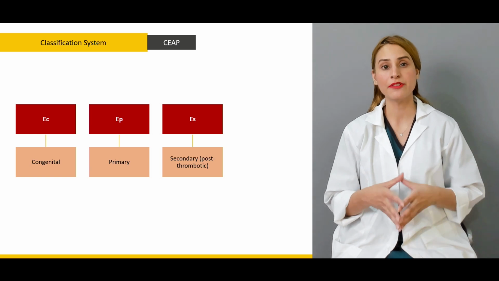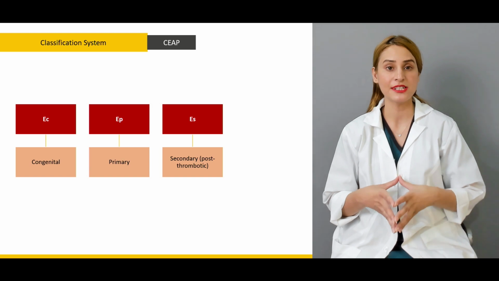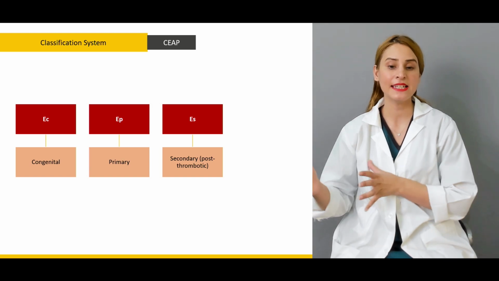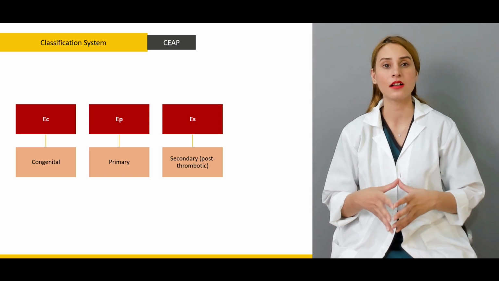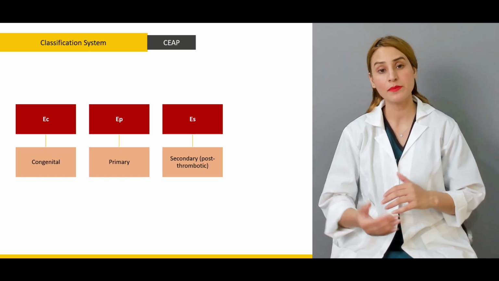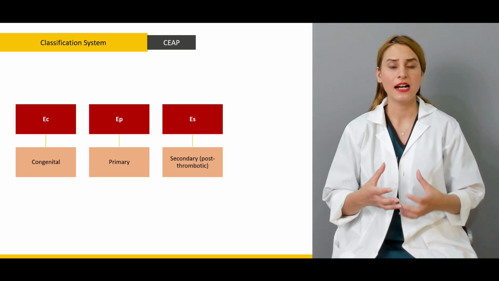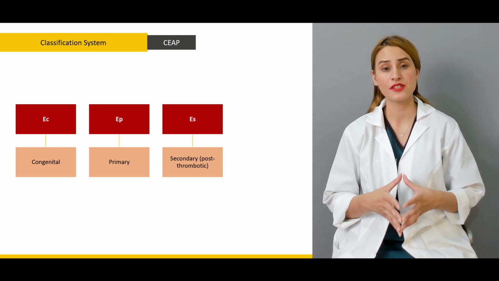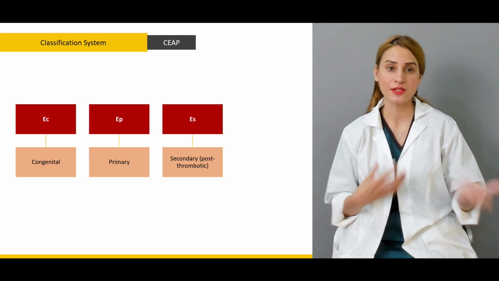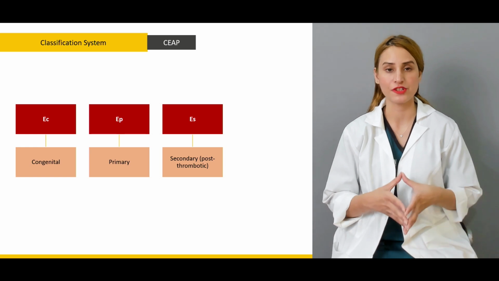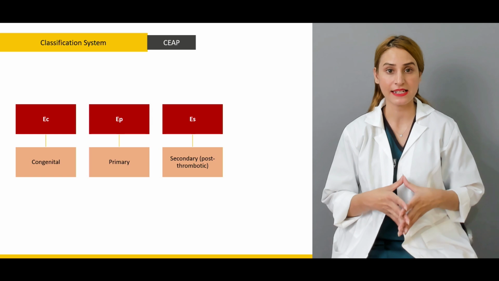EP is primary, where the primary disorder is in the veins, and ES is secondary to thrombosis, like first of all there is a DVT, and then because of the deep thrombus which is present in the deep veins, the pressure is transmitted backward into the superficial veins.